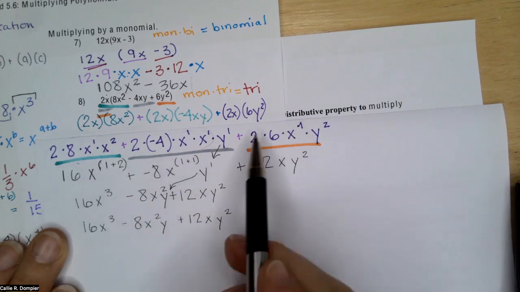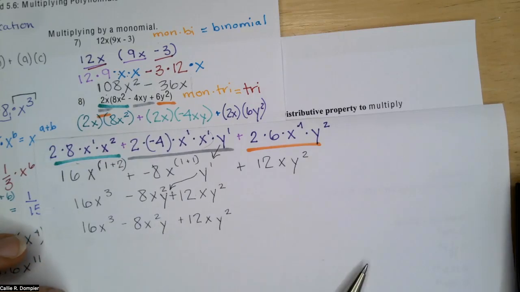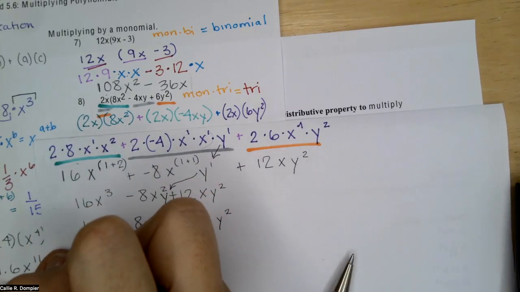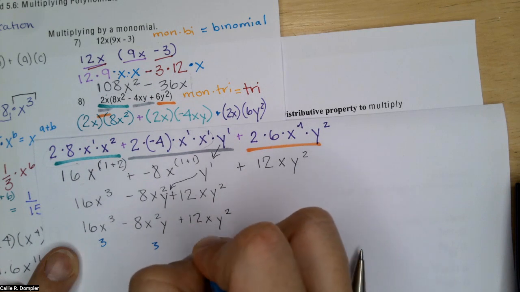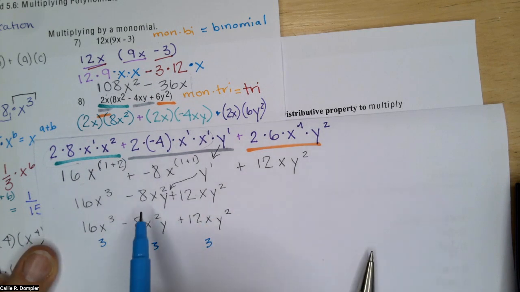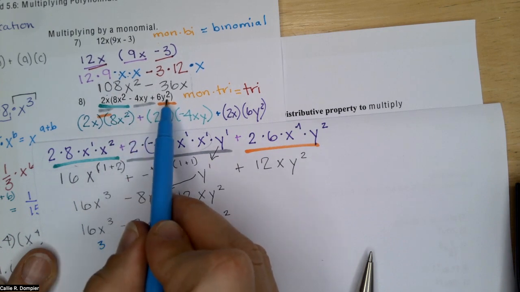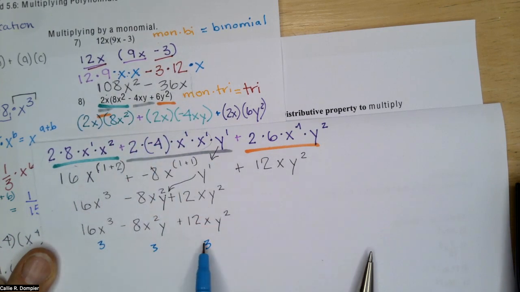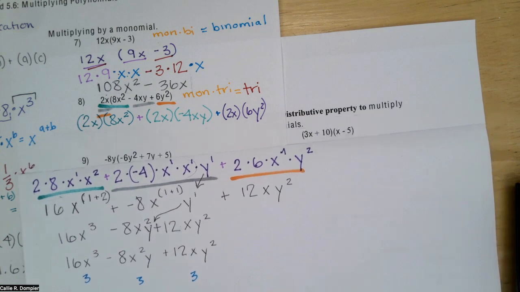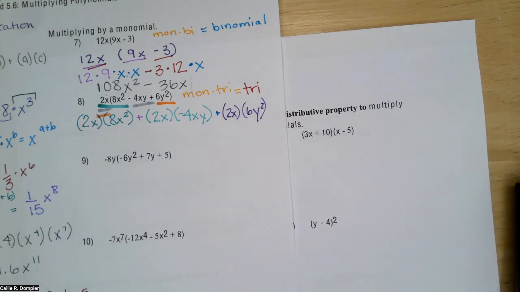I said that this was the hardest part, and then I made a mistake down here. Check your degrees. This is a degree 3, this is a degree 3, and this is a degree 3. So if these were in descending order of degrees, they should still be in the correct order of degrees so that you can kind of eyeball if you made a mistake, if that makes sense. If that doesn't make sense to you, do not worry about it, okay?